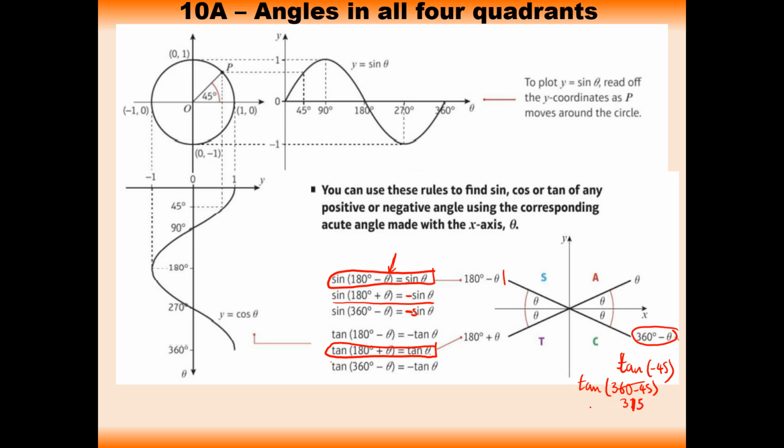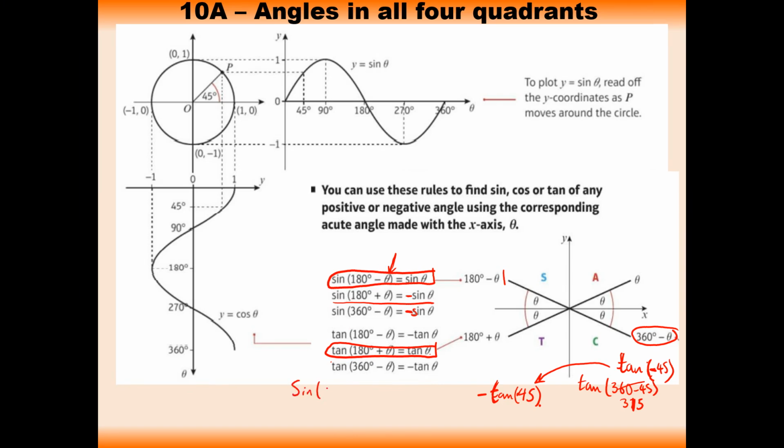And also that's the same as tan of what? That's negative tan of 45. Alright, so with tan, you can take the minus sign and put it outside. If you want to turn this angle into a positive angle, you do this, and the same goes with sine.